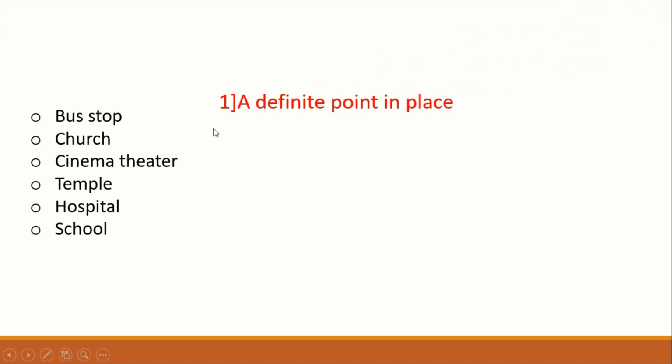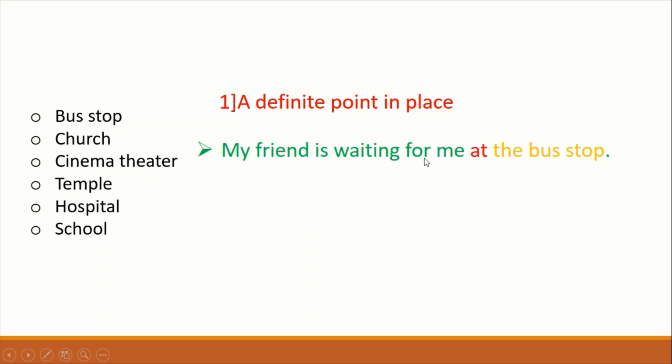The preposition at is used to show a definite point in place. Let's take an example. My friend is waiting for me at the bus stop. Where is my friend waiting for me? At the bus stop.